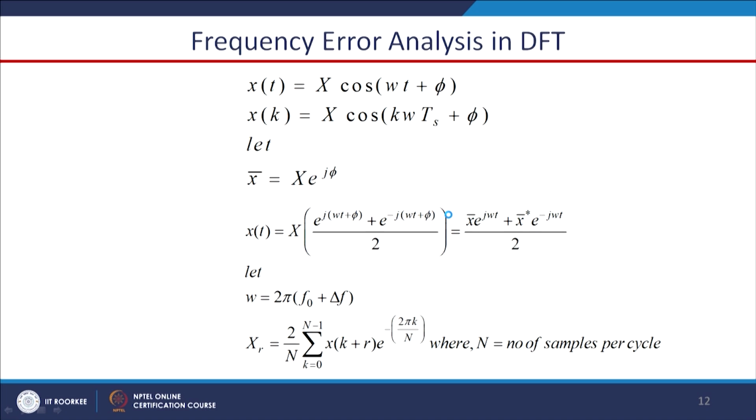Now, this is another part, known as frequency error analysis in DFT, and before going to that, let us just give some remarks on the recursive DFT. In the case of recursive DFT, we observed that we only have to calculate the DFT once, for the first window.